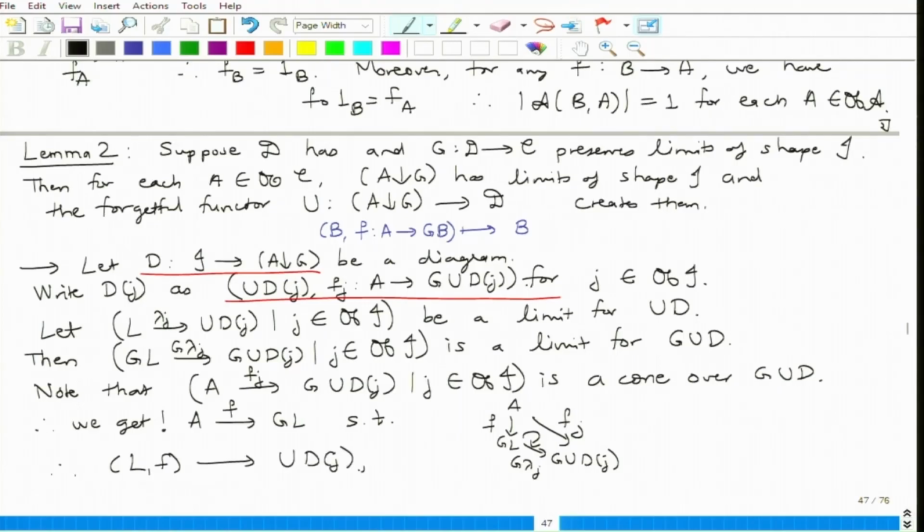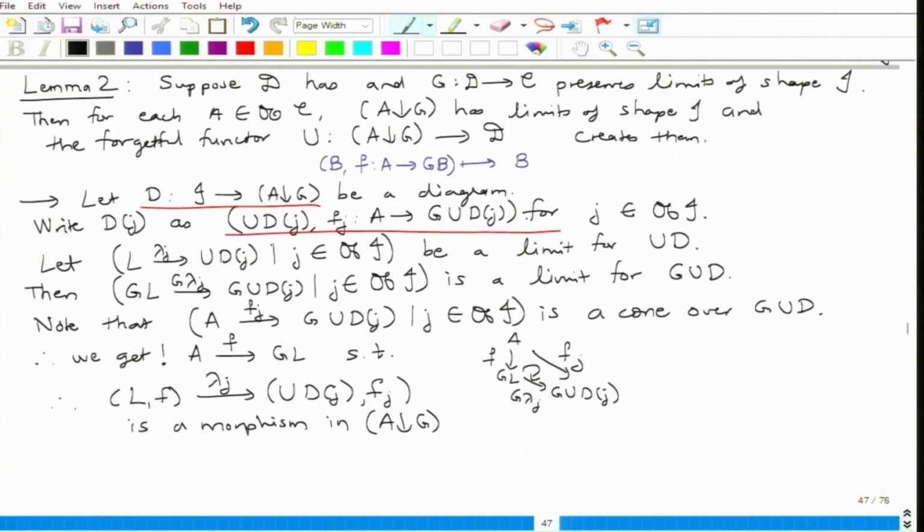We don't write G over here. It is a morphism in the arrow category. A suddenly disappears from the entire picture. This diagram commutes means that this happens. What is the morphism? It's lambda J.